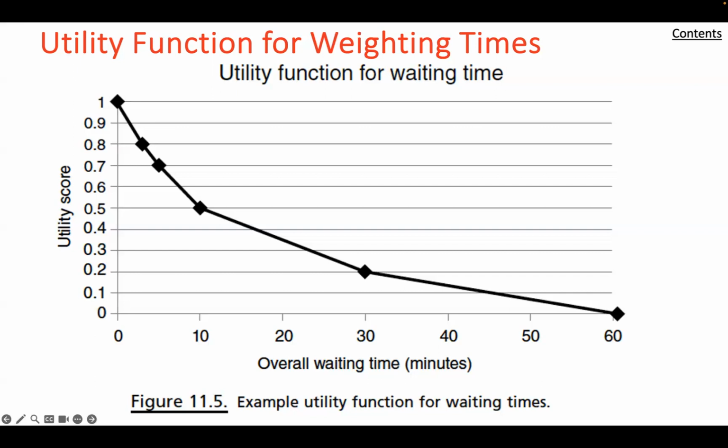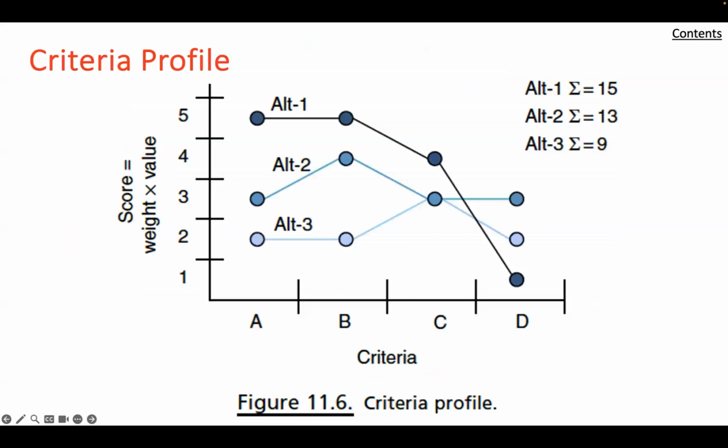Here we see an illustration of the wait time plot as an example. Other means of calculating utility functions may involve simulation or analysis to determine the value, again requiring some subject matter expert assessment of the values. We can also have a criteria profile. That's what we're showing in this figure.